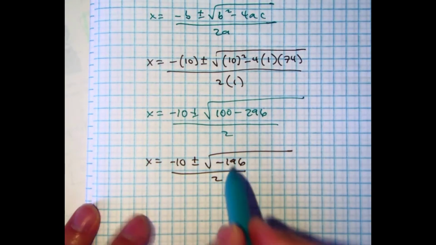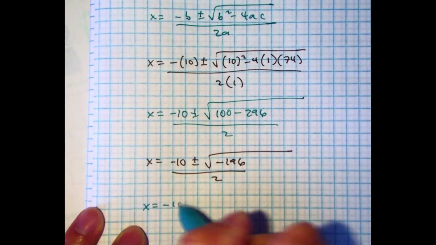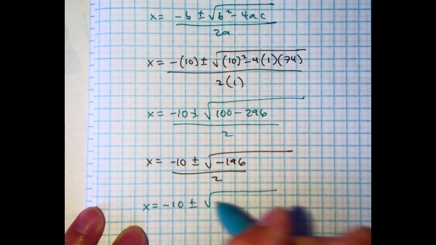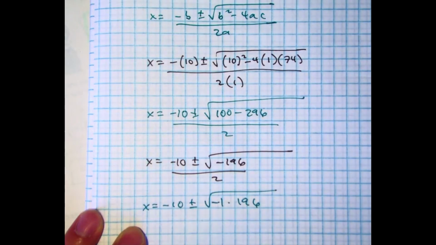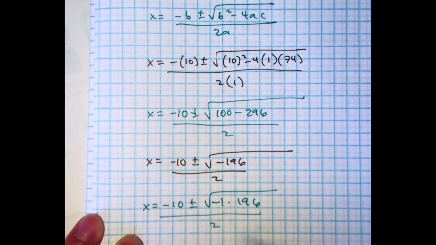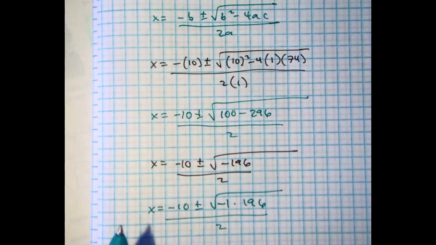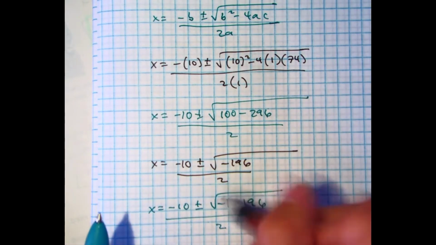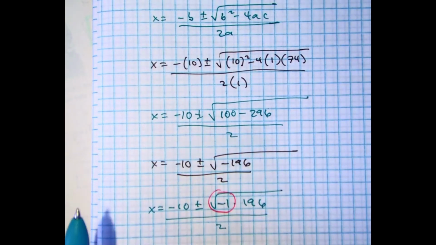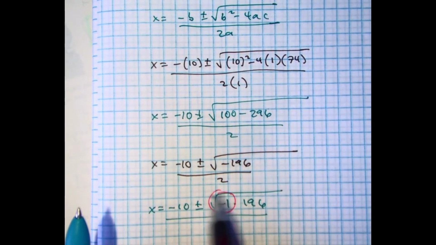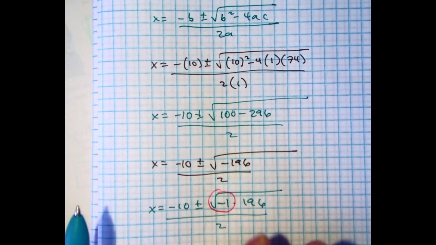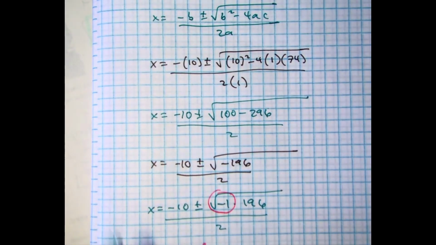Alright, so there I'm going to factor out the negative 1. In class, that becomes what? Okay, the i comes out because i is equal to the square root of negative 1.